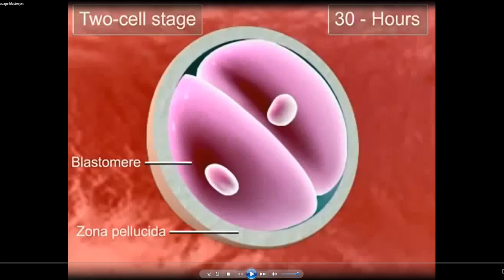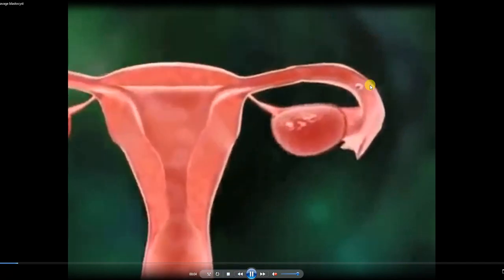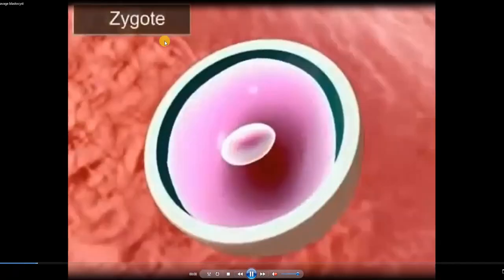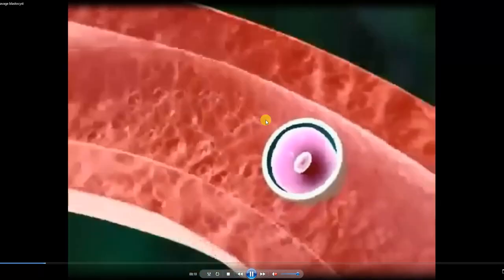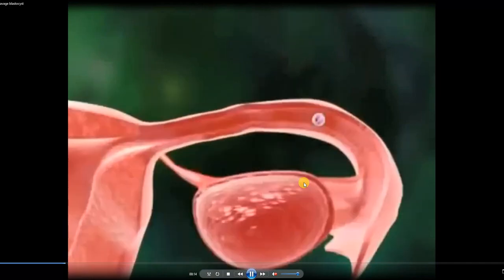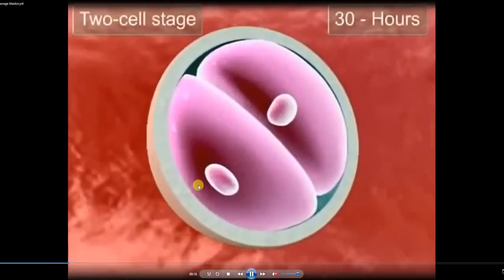So one minute. Sound off. Here we see fertilization happened in the ampulla of the fallopian tube, and here we have the zygote. Around it we have zona pellucida, which is protective for the oocyte against our own immune system. Then follows the process known as cleavage, and in the cleavage you see that from one zygote form two blastomeres.